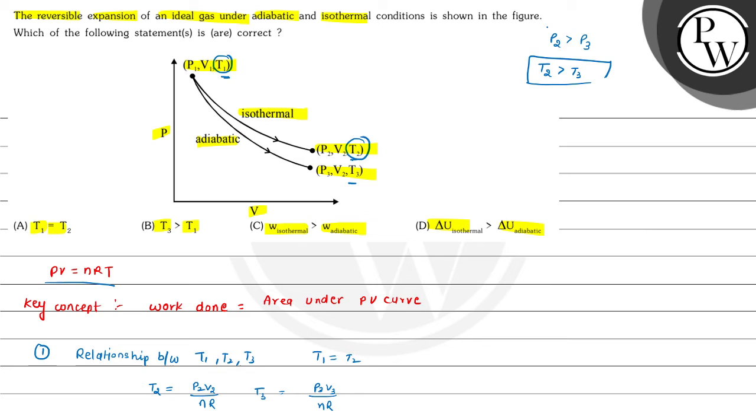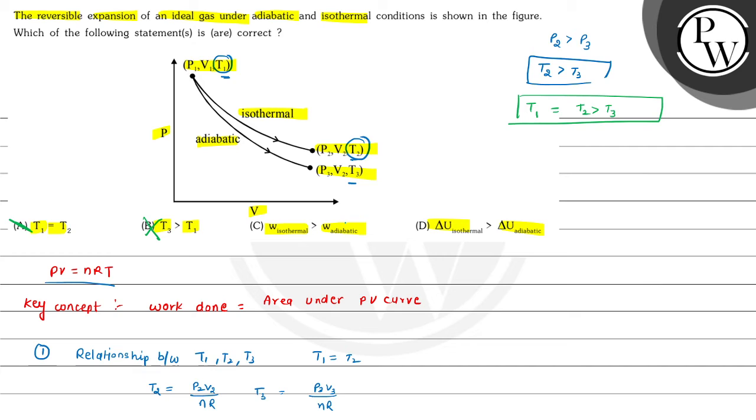So from here the relationship is T1 is equals to T2, which is greater than T3. Now T1 is equals to T2 is given, so this is correct. T3 is greater than T1, so this is incorrect.